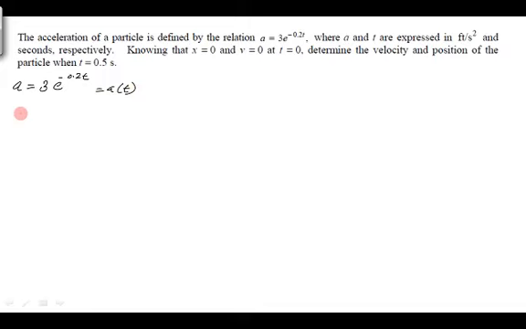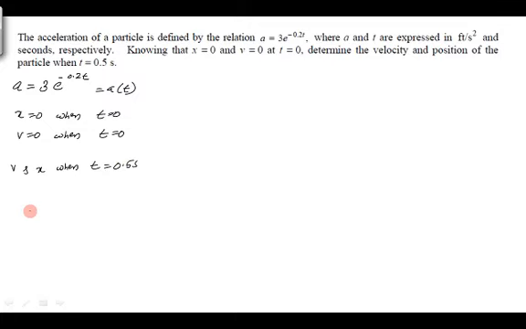And we are also given x = 0 when t = 0 and v = 0 when t = 0. Now we have to find the velocity and position when t = 0.5 seconds.